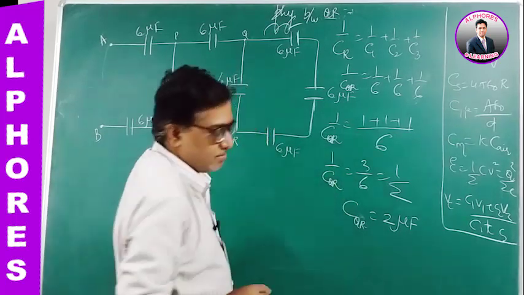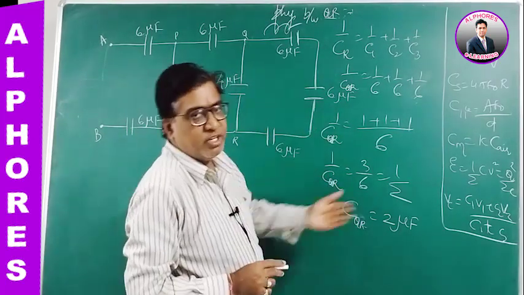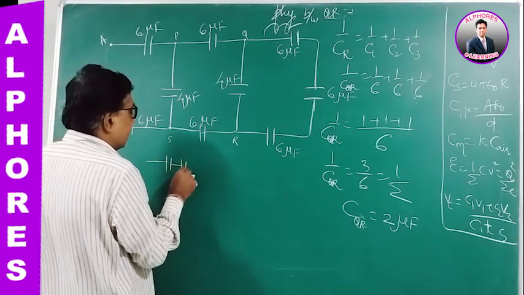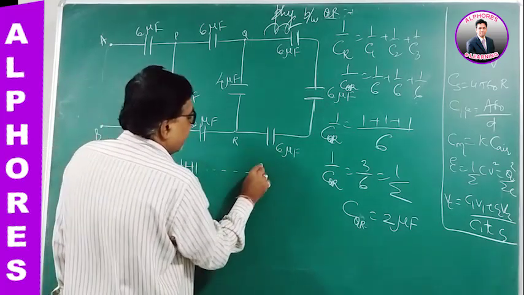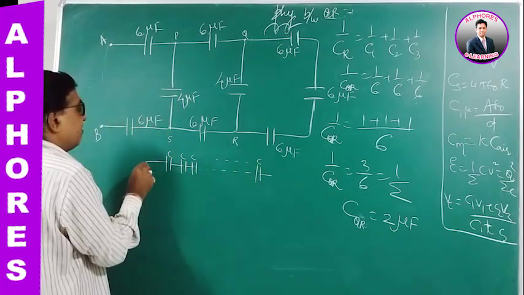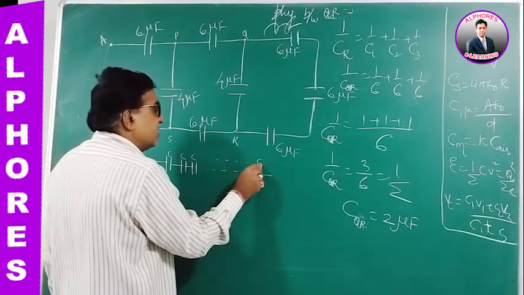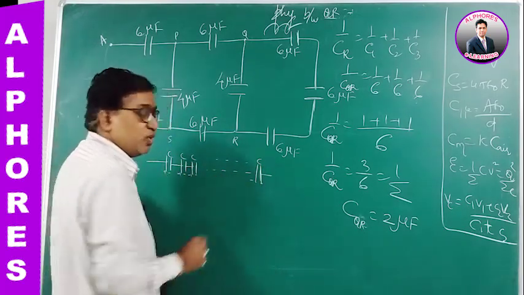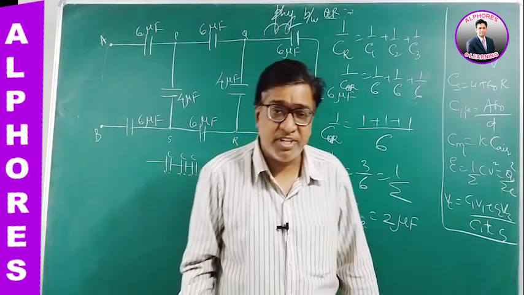CQR, let us see. Of course, you can even do this by another method. I was telling you, when n identical capacitors C are connected in series, plus minus like this. What is series combination?